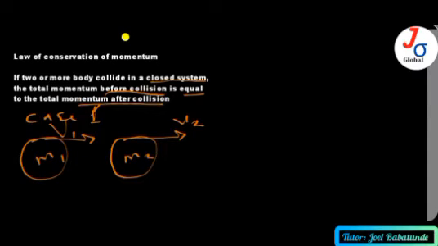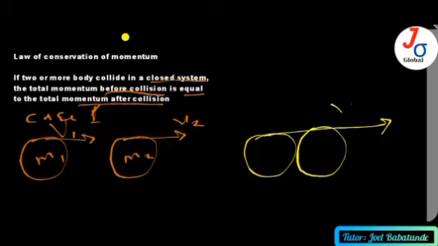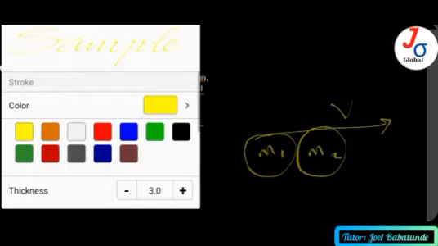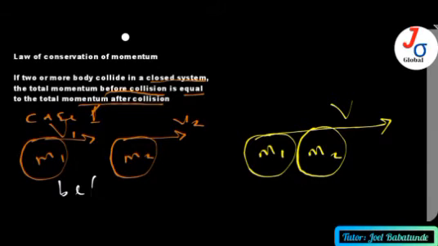Then after collision, they move with a common velocity in the same direction. V, M1, the same M1, M2. So this is before collision and this is after collision.